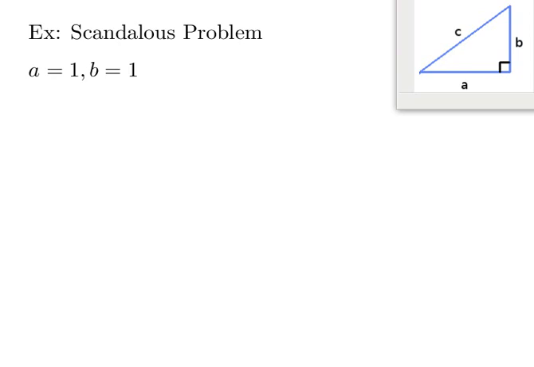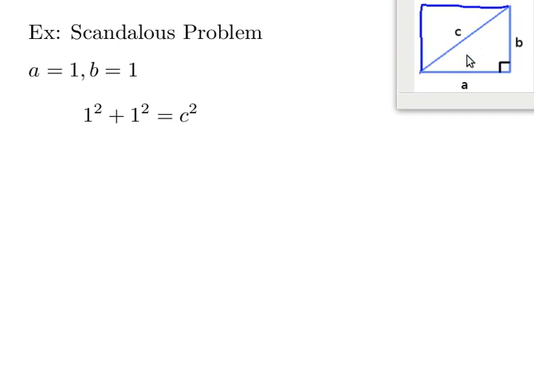So that means we have A squared plus B squared, which is 1 squared plus 1 squared, equals C squared. Also think of it this way: we're finding the length of the diagonal of this square.